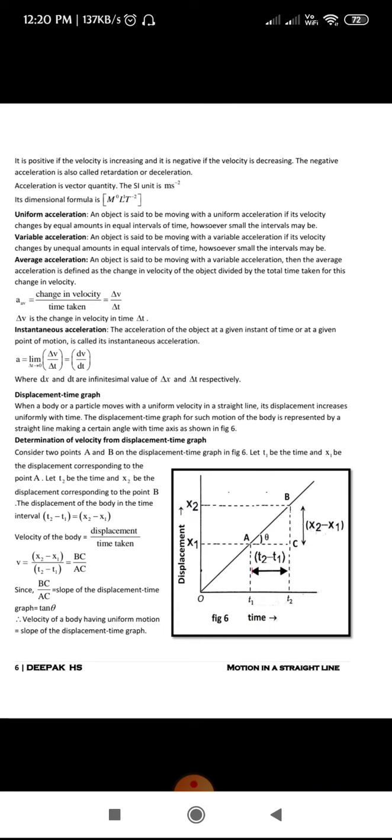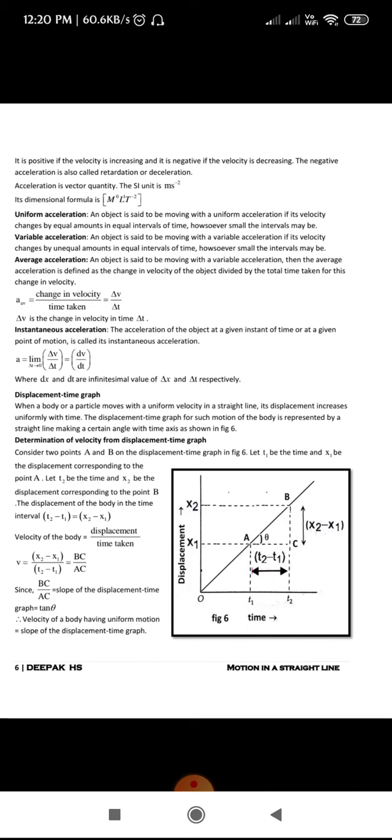If the velocity is decreasing, the acceleration is negative. That is the sign convention. This negative acceleration is also called retardation or deceleration.